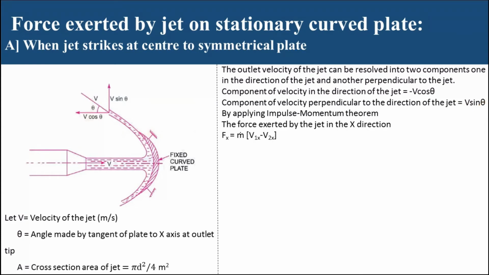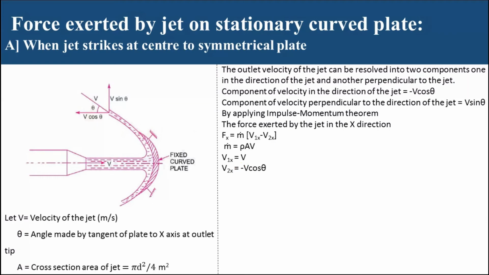Okay, so we'll apply the impulse momentum theorem. We know the force exerted by the jet in the direction of jet, that means x direction, Fx equals m dot into initial velocity in x direction minus final velocity in x direction. Here m dot is rho av. Before impact the initial velocity is v, and after impact, at the outlet tip, the final velocity is minus v cos theta, and the negative sign indicates the direction of velocity is opposite.